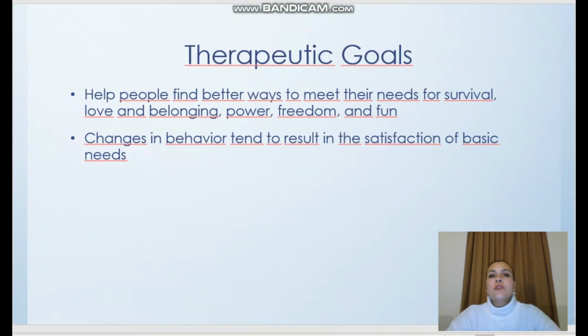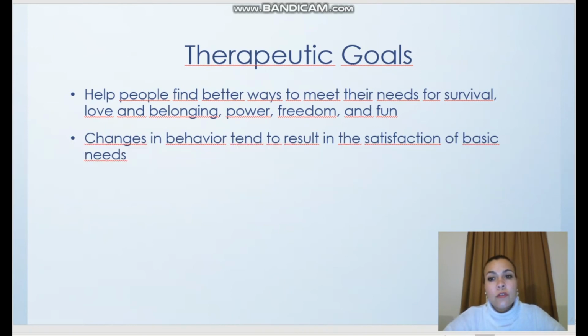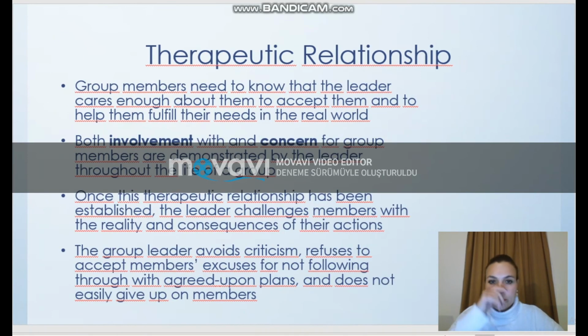The therapeutic goal for reality therapy is to help people find better ways to meet their needs for survival, love and belonging, power, freedom, and fun. And changes in behavior tend to result in the satisfaction of basic needs. So changes in action, changes in behavior are the focus.